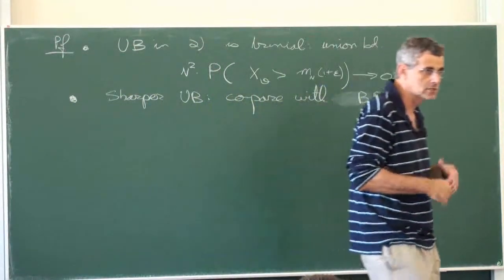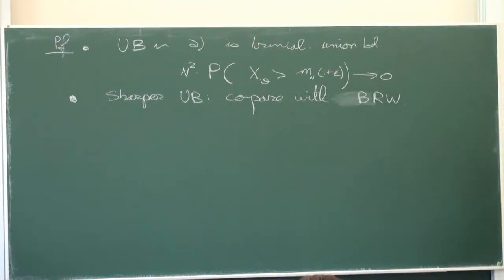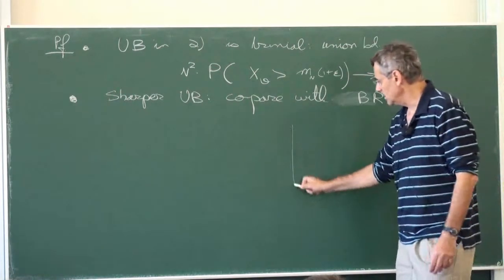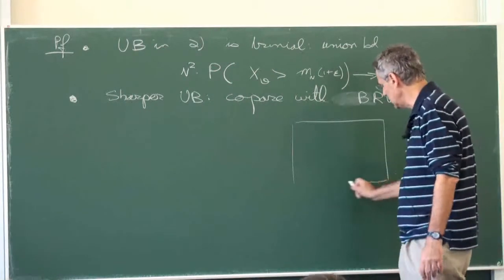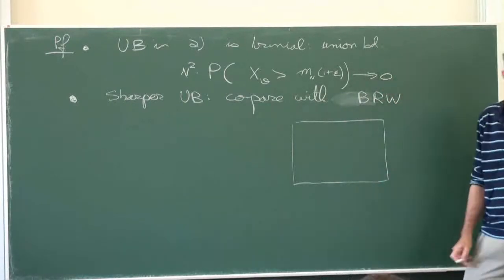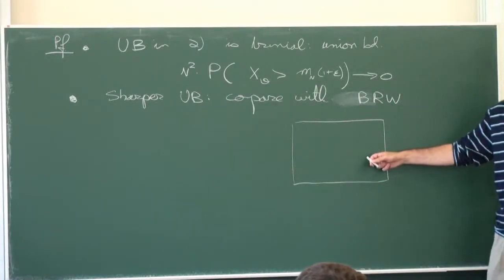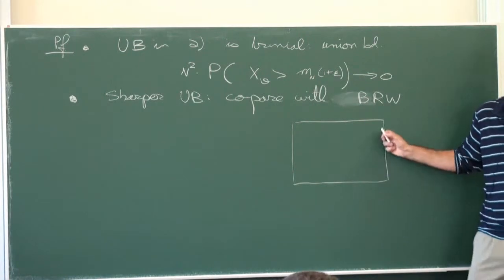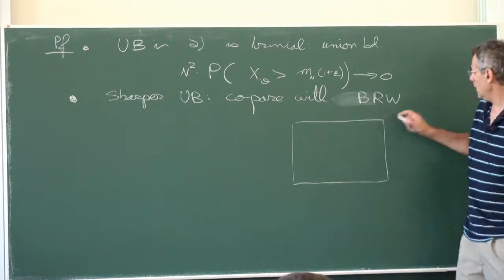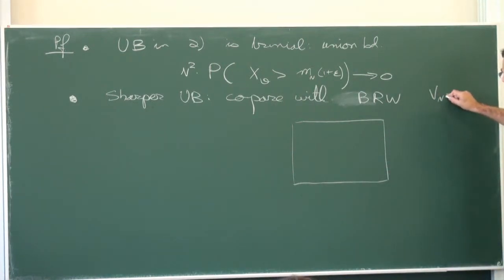So let me now describe the branching random walk as a story on this particular graph. How will we do that? Well, we'll do the following. Take this graph, take this box. This I will call level 1. So the whole box Vn, I'm going to do it for Vn, which is 2 to the power small n. We will see later that it's enough to only consider such Vn's.